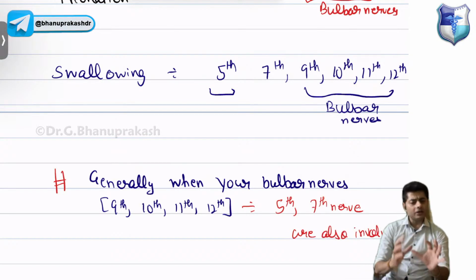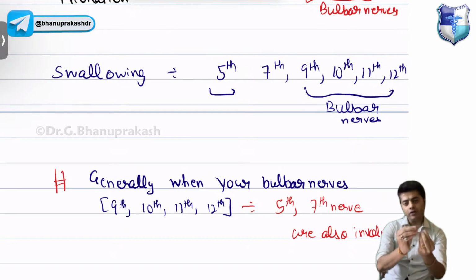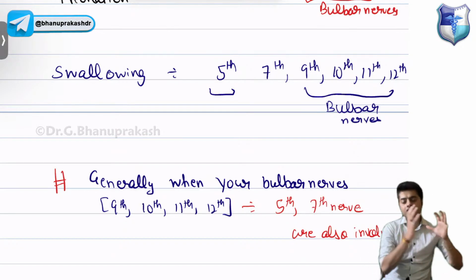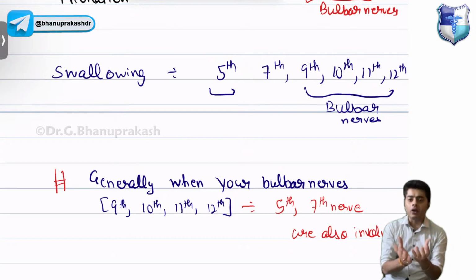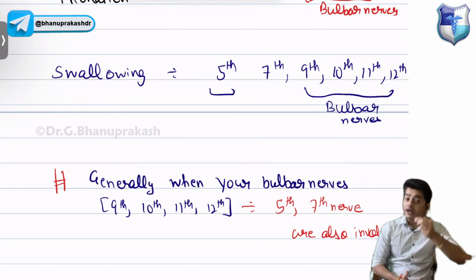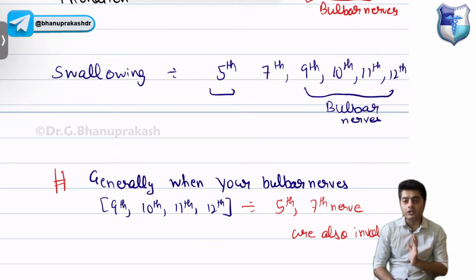Okay, because suppose there is a medullary stroke and these nerves are damaged. But the stroke will not always be limited to medulla. Suppose this medullary stroke has gone to some areas of pons, so it will involve some nerves of pons also.